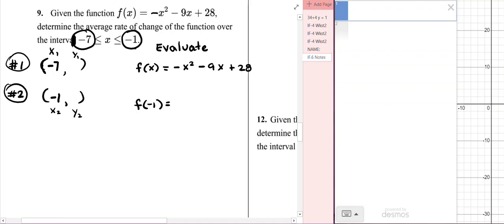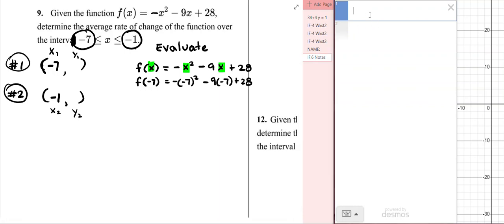Everywhere we see an x, we're going to put in negative 7 in parentheses. So f of negative 7 is equal to negative 7 squared minus 9 times negative 7 plus 28.